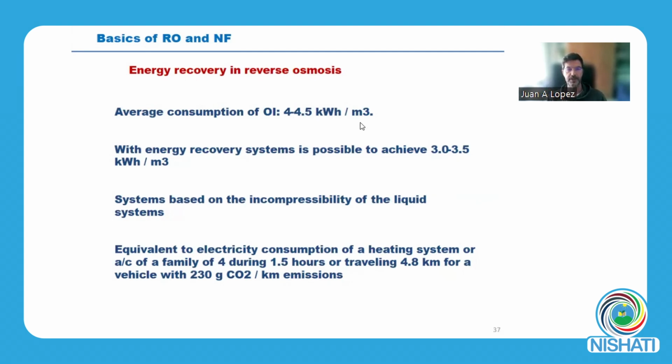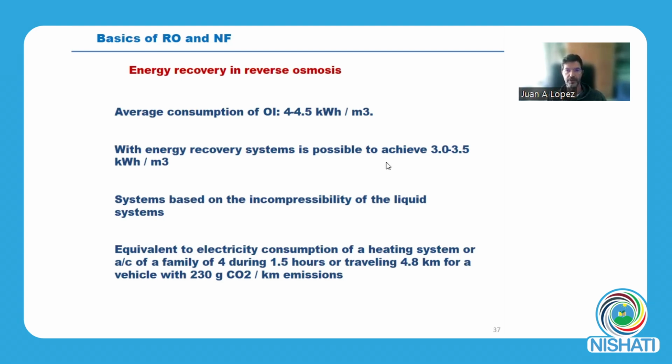So the energy recovery in reverse osmosis, the average consumption is about 4.5 kilowatts hour per cubic meter for a typical membrane. But if we are using a recovery system, we can improve until 3.5. In the case of the huge plants, you are treating more than 100,000 cubic meters a day, sometimes even 200,000 cubic meters a day.